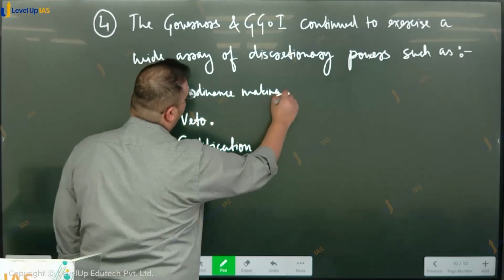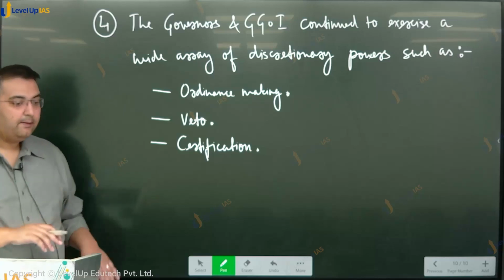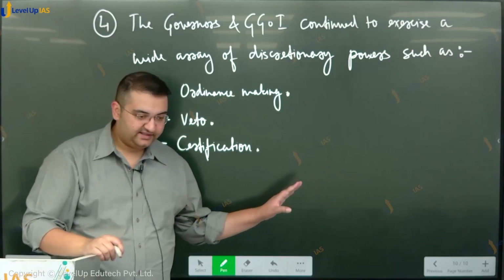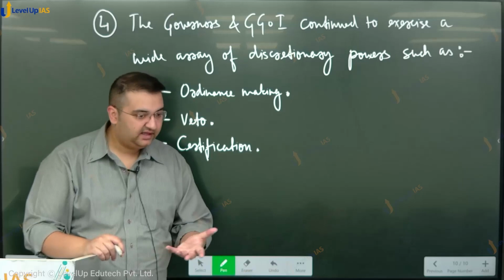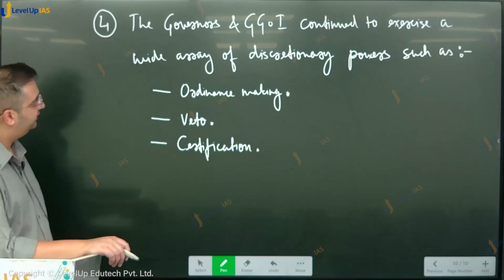So through these powers they could completely bypass the legislatures. तो यानी कि legislatures का actually कोई role था ही नहीं in the governance of the country.